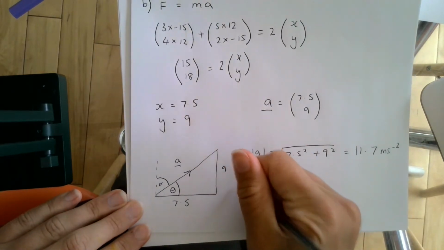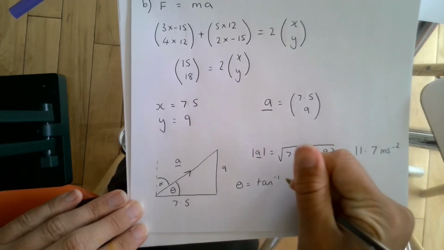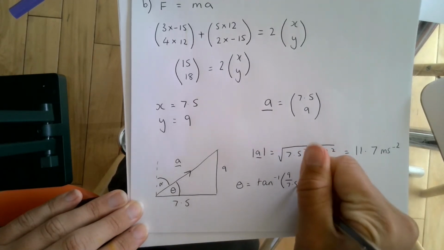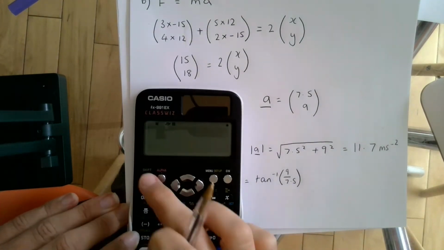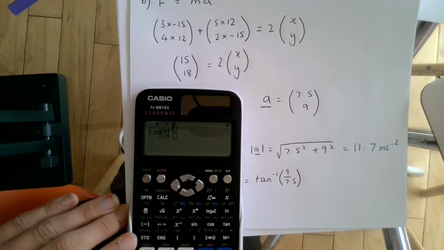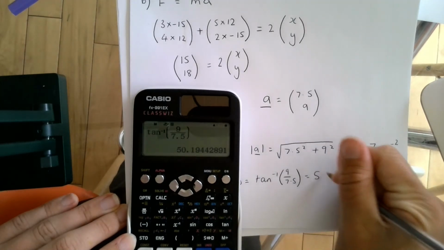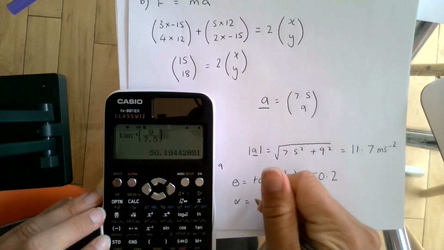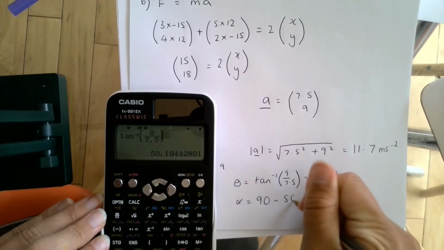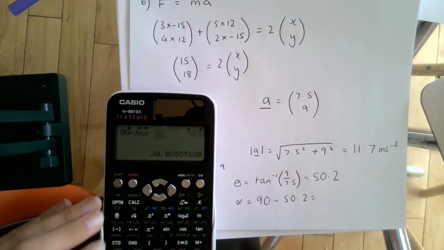So I know that theta is equal to inverse tan of 9 over 7.5, inverse tan of 9 divided by 7.5, which is equal to 50.2. And then to work out alpha, I will just do 90 minus that.